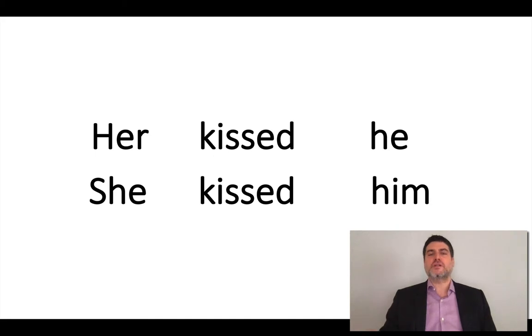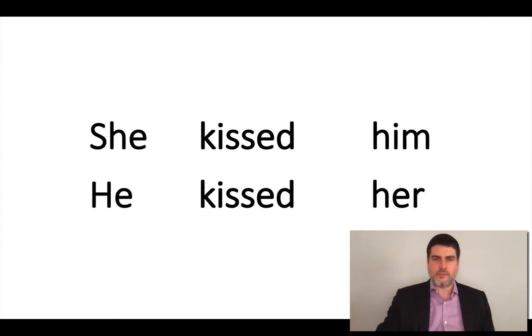And the accusative case referring to the man is him. Okay? So she kissed him is correct because she is the nominative case referring to the woman, and him is the accusative case referring to the man.